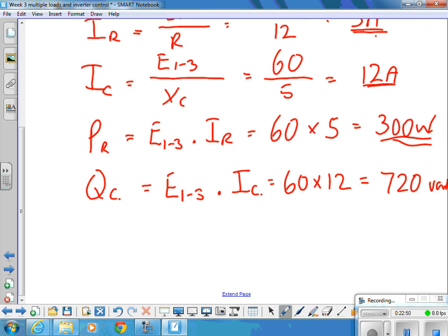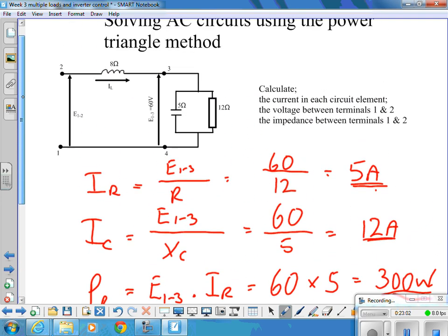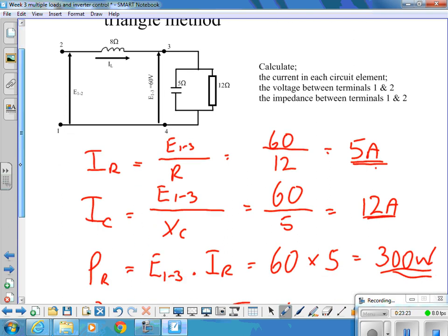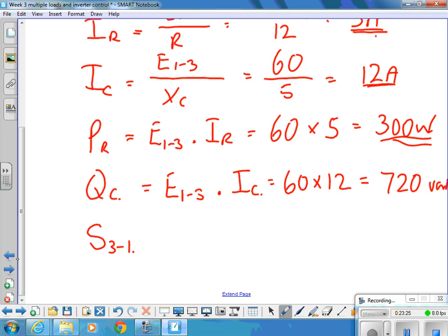Yeah, we can say that S, we'll call it S31 because it's only, just going to clarify here, the apparent power for those two components. It doesn't include that inductor yet. It's the apparent power seen by the 60 volts here. How do I calculate that?